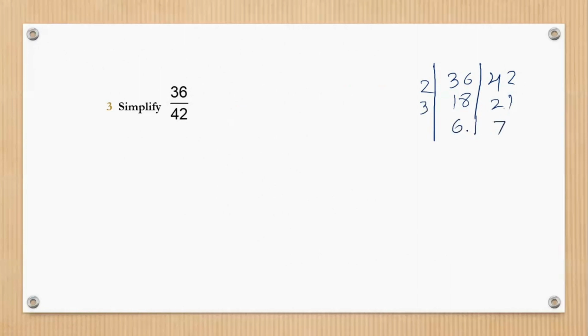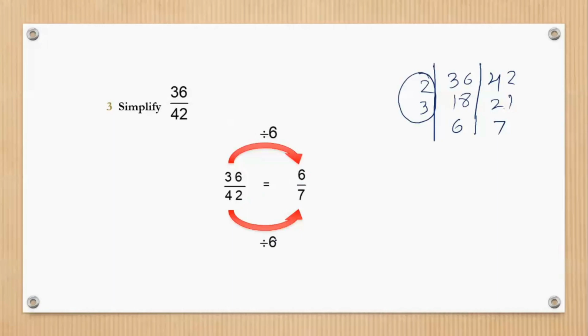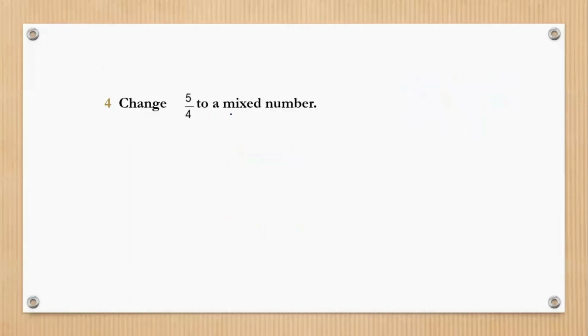Now 6 and 7, when we cannot divide by the same number, we take the product of these, which is the HCF. So 2 into 3, 6 is the HCF. So dividing 36 and 42 both by 6, 36 divided by 6 we get 6, and 42 divided by 6 we get 7. So 6 upon 7 is the simplified form of 36 upon 42, and these are called equivalent fractions.